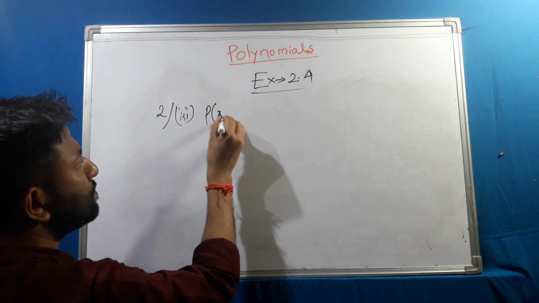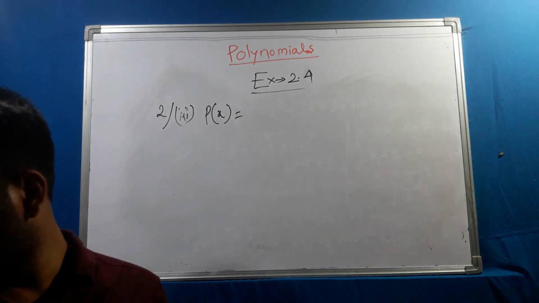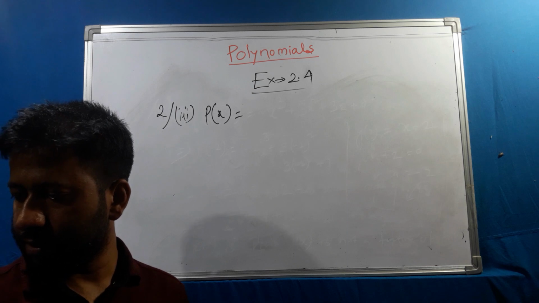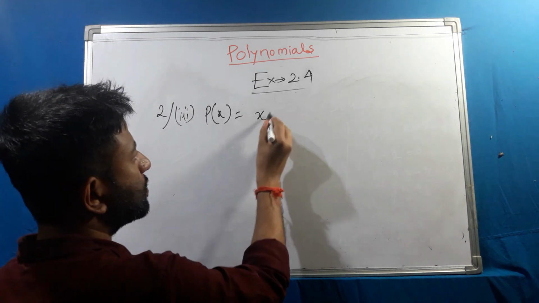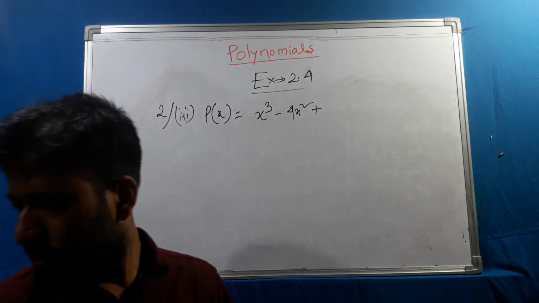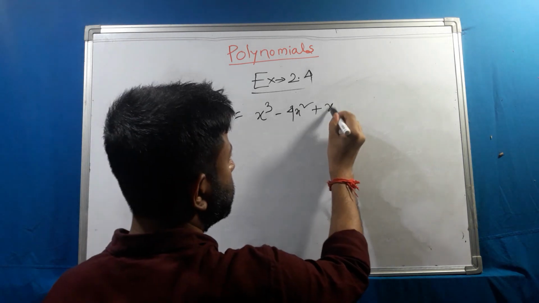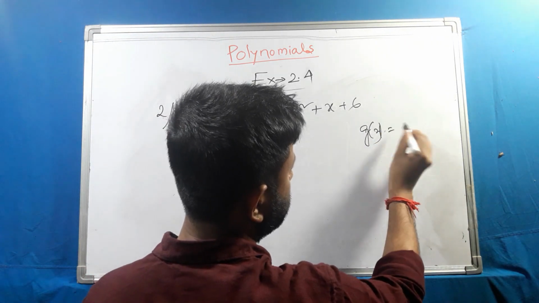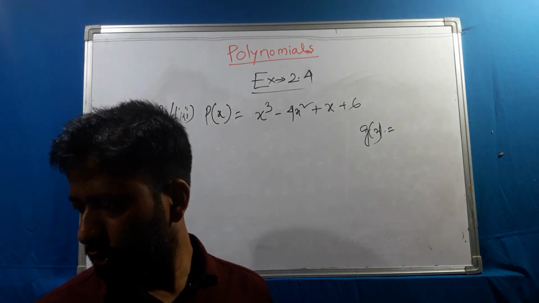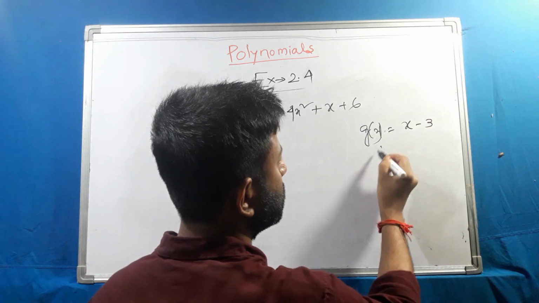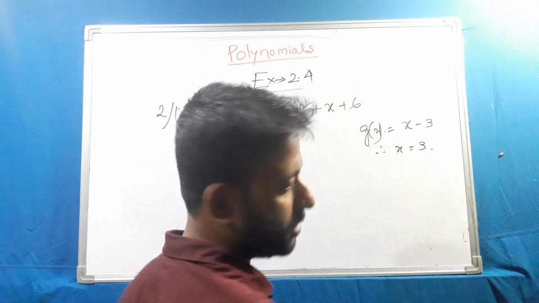They have given p(x) equal to x³ − 4x² + x + 6, and g(x) they have given equal to x − 3. So x equal to, I can write 3.